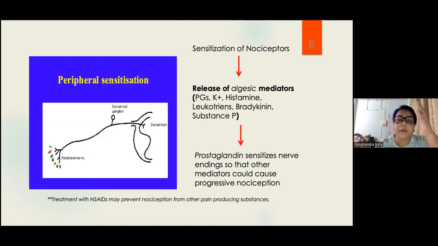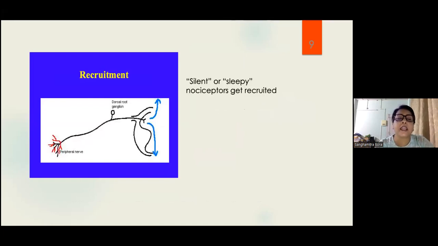If peripheral sensitization, or the pain insult, is not stopped here, there is a recruitment of certain silent or sleepy nociceptors. As you can see, the red colored lines in the peripheral nerve are the silent or sleepy nociceptors. They get recruited in the process of sensitization because the prostaglandins and other mediators are acting on the insult.